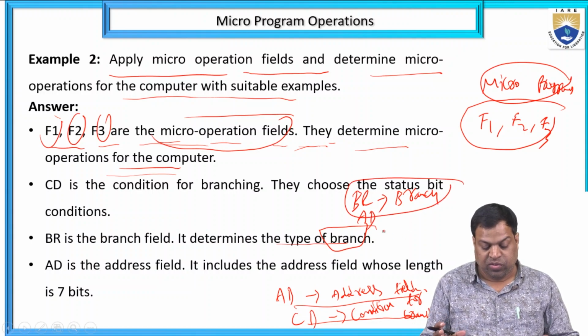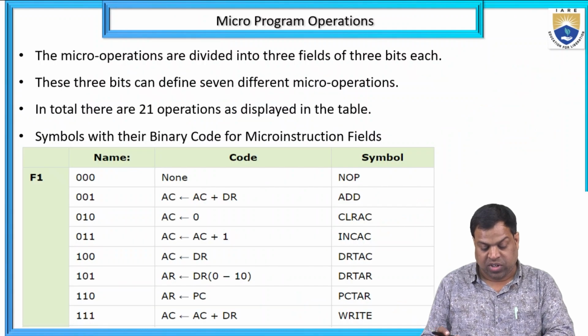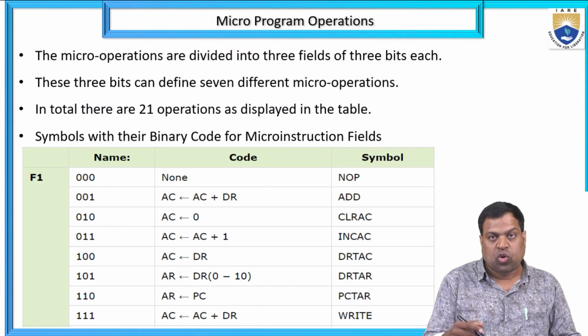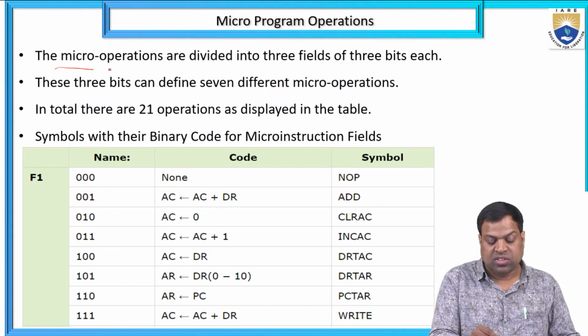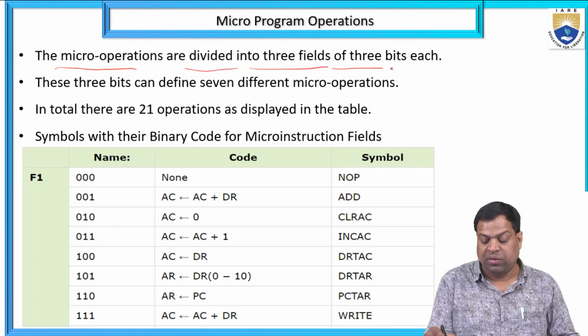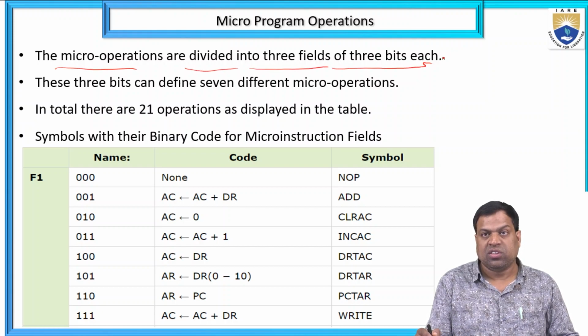So I'm defining three fields here, F1, F2, F3, and I'm performing micro operations with these fields. The micro operations are divided into three fields of 3 bits each. These 3 bits can define 7 different micro operations.